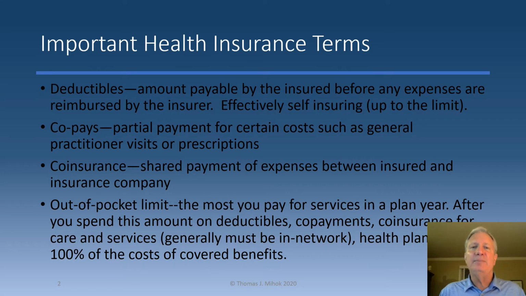Deductibles are the amount payable by the insured before any expenses are reimbursed by the insurer. If you remember back to the chapter before, we talked about basically four categories of how to handle risk. We talked about avoiding risk, and we talked about shifting the risk.